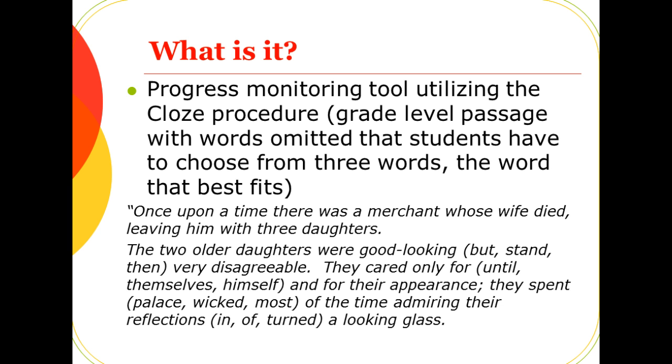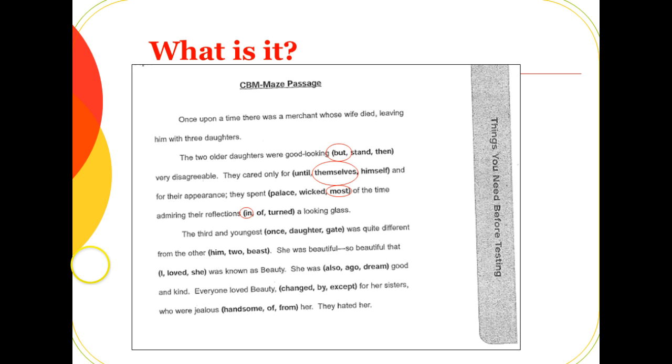So they would circle but and continue on for the rest of the passage. Now, you could see an example right over here. What the students do is they read. When they get to the 3 words, they circle the one that they think best fits.